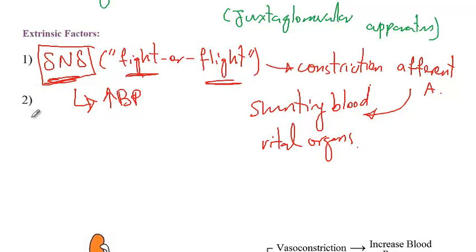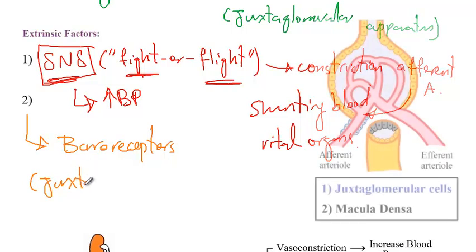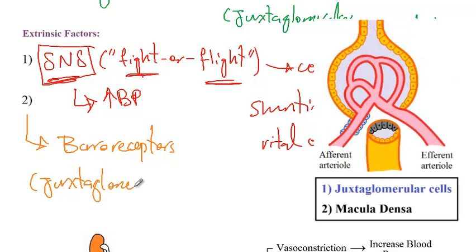And then the second extrinsic mechanism is via the baroreceptors that are located in the juxtaglomerular cells of the afferent arteriole.